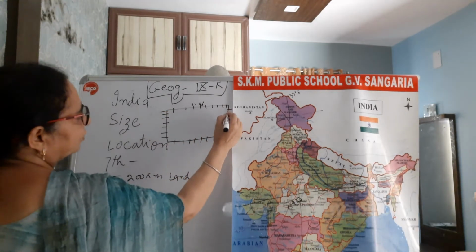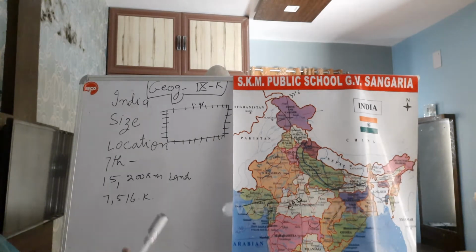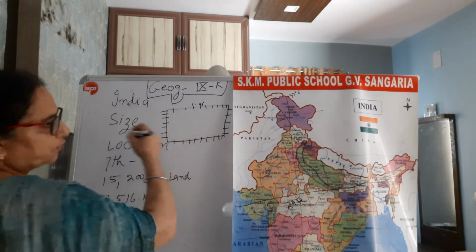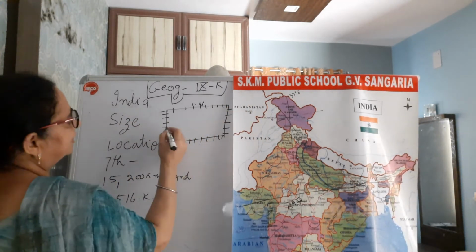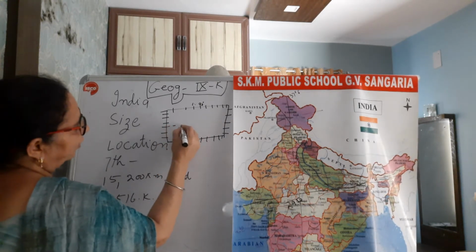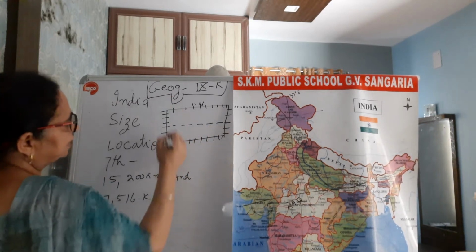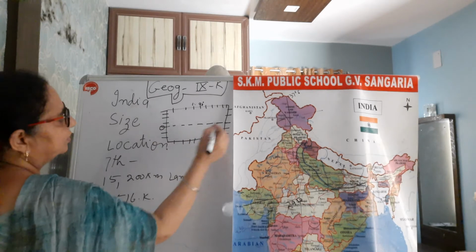Suppose this is a world map, some degrees are written in this way. So for this horizontal, I put one line that is in dot. This is 0.